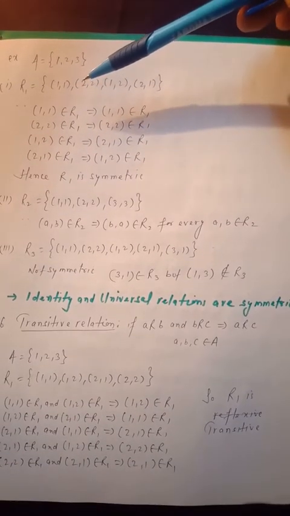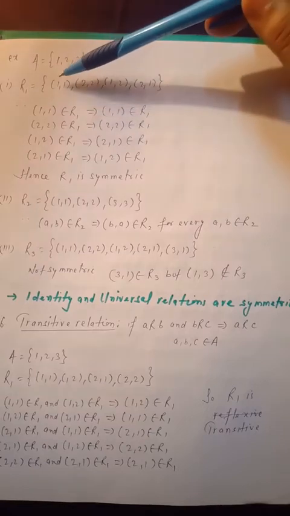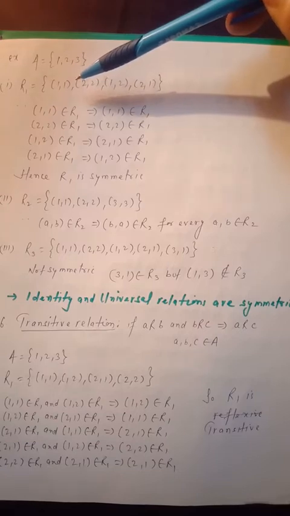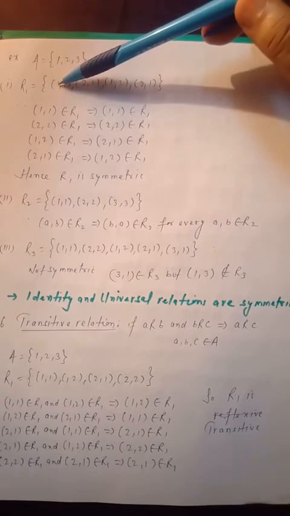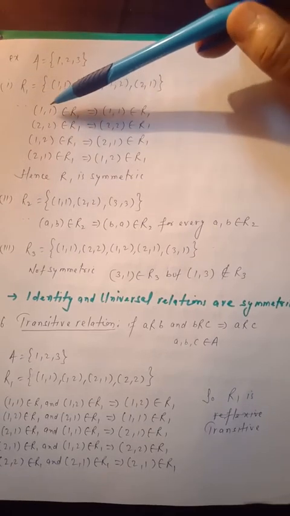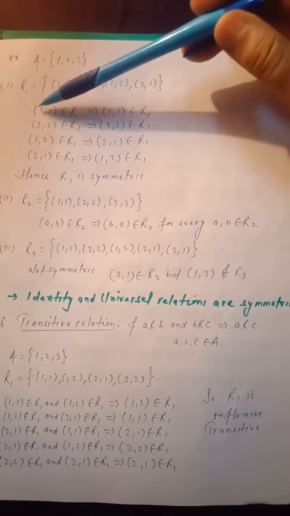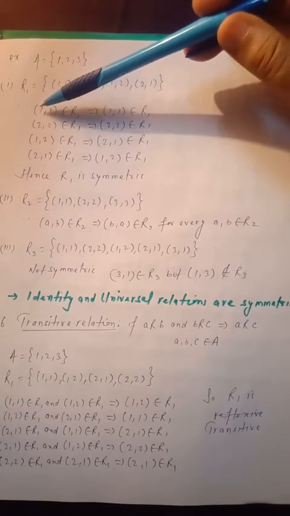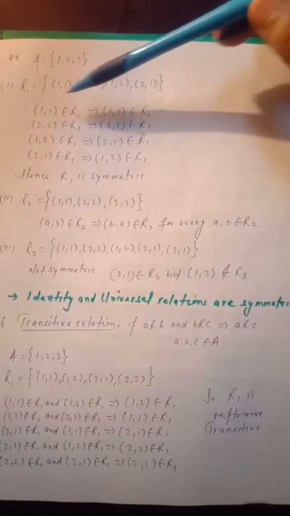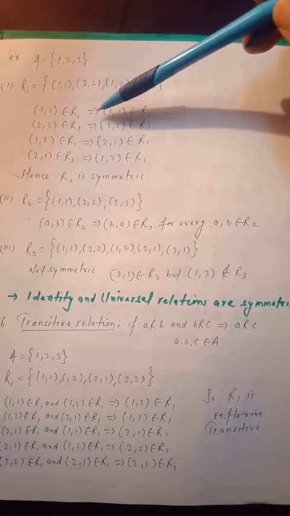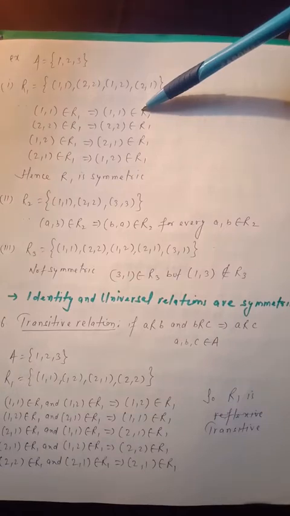So the condition of symmetric is that if (a, b) belongs to R, that implies (b, a) must also belong to R. So let's take one by one. Here (1, 1) belongs to R1. When we reverse it, we can also write that (1, 1) belongs to R1, because when we change the positions it will remain the same.